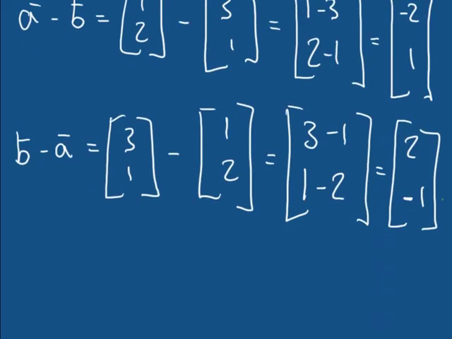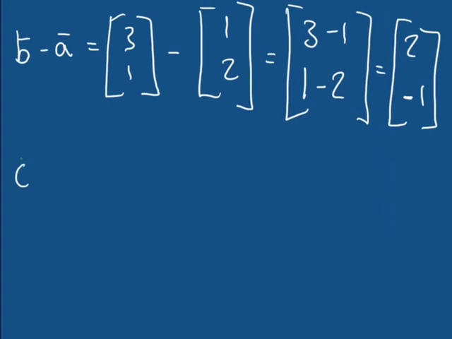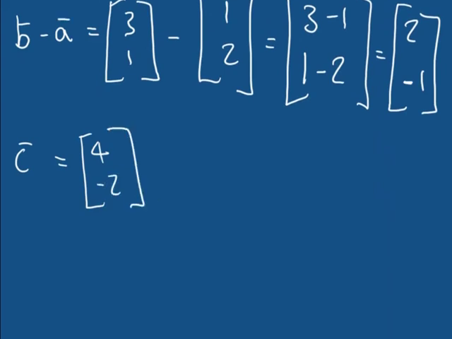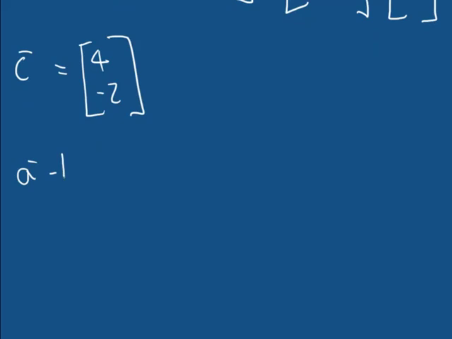So we could introduce a third vector. Let's introduce a vector c. And I'm going to say vector c is equal to 4 and, I don't know, minus 2, let's say. And we could have a minus b minus c. Now again, the order is important because subtraction is not commutative.